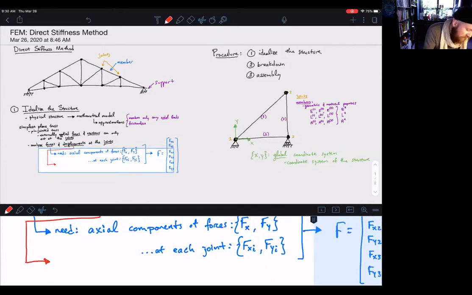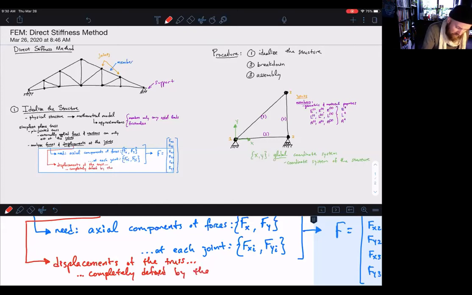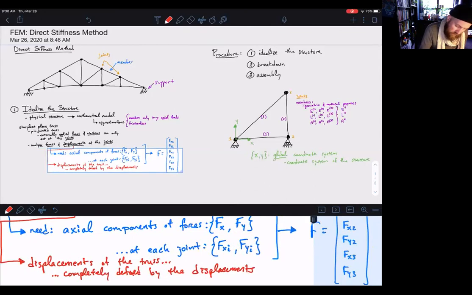So the displacements of the truss are completely defined by the displacements of the joints.